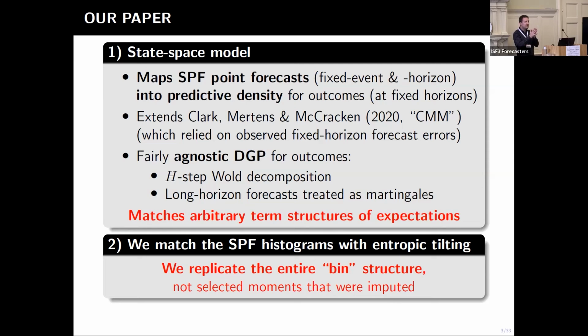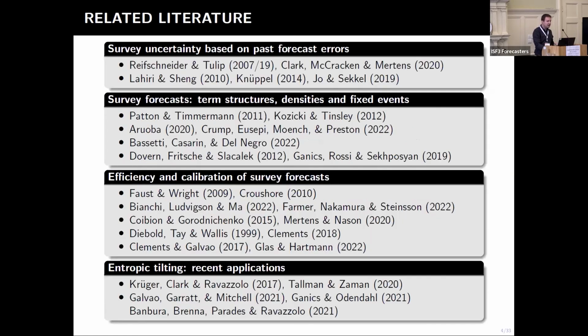So we take the probabilities assigned to bins, these histograms in the survey, without having to estimate moments, which is quite frequently done in the literature. As for related literature, there's a very long list that, in the interest of time, I would skip.